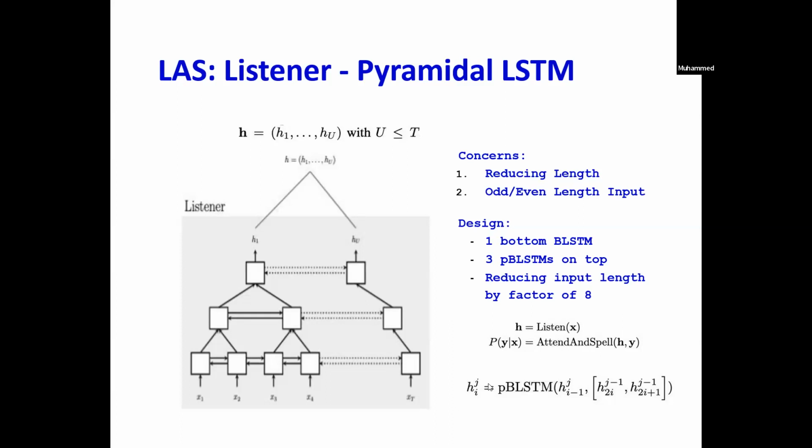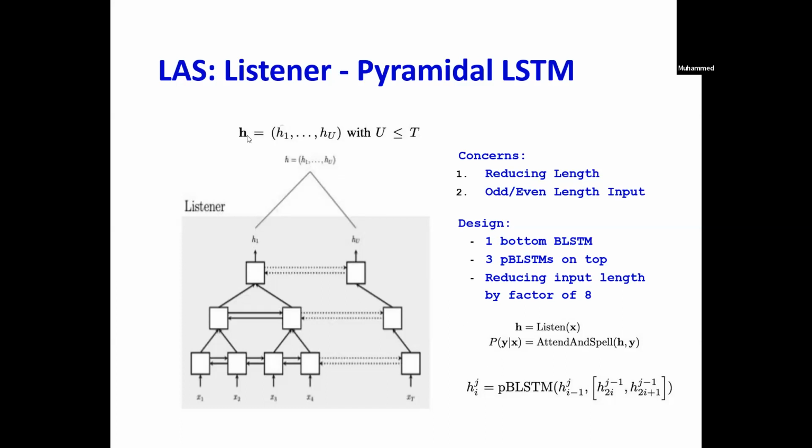But an important step that happens in the listener is that the input sequence could be very much larger than the length of the output sequence. So it takes advantage of this. In the listener, where it generates the hidden states, it reduces the sequence length of the hidden states.